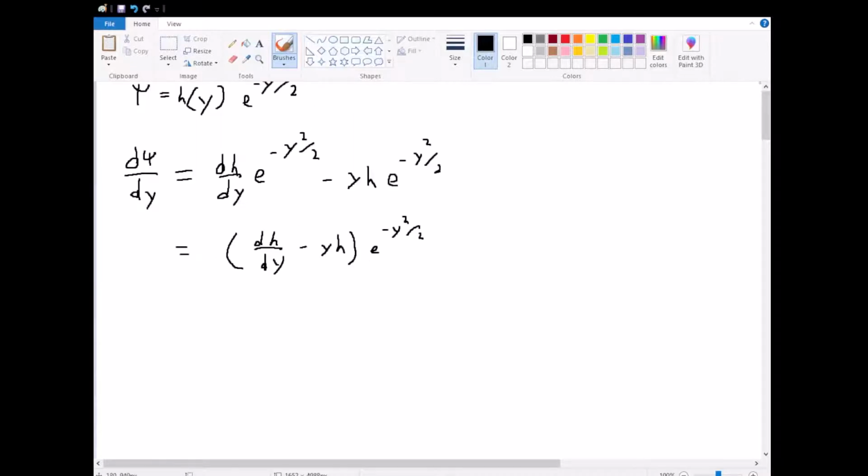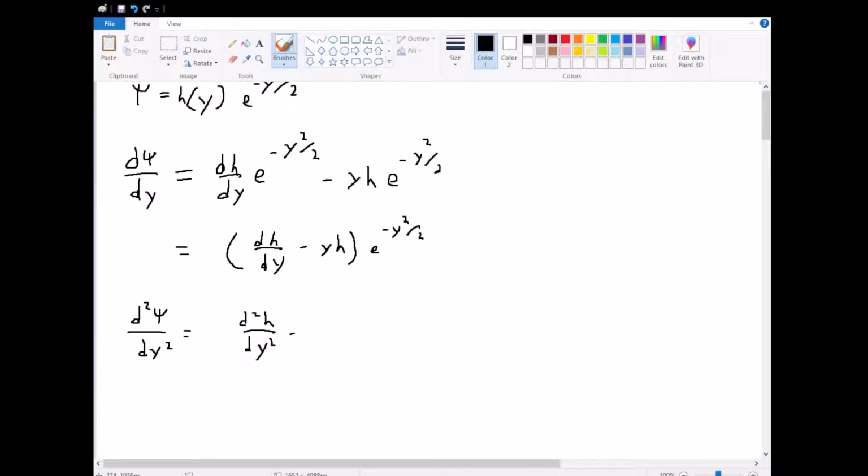We can do the same thing, derive it again to get d2 psi by dy squared. So this is going to equal, once again using product rule, we'll take the derivative of this term first. This becomes d2h by dy squared. And then subtracted by, we have to use another product rule in this term.